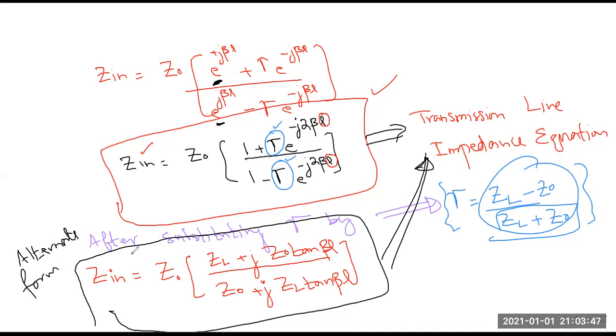Now you can practice and try to get this expression, but let me point out that in this expression you can't see any tangent function. So when you replace gamma by this, from where will you get this tangent function, which is in the final expression? In the original expression, you have e power minus j2 beta L as well as in the denominator. And we know from Euler's relationship that the exponential function e plus j theta or e power minus j theta can always be represented as cos theta plus minus j sine theta.